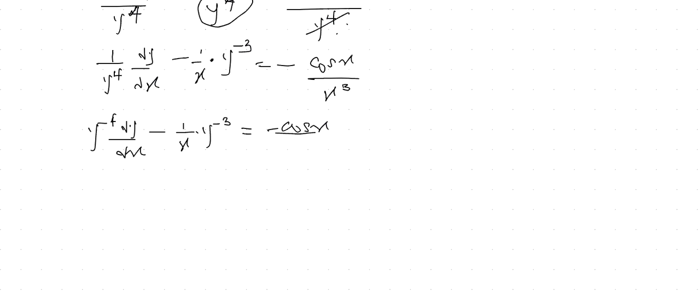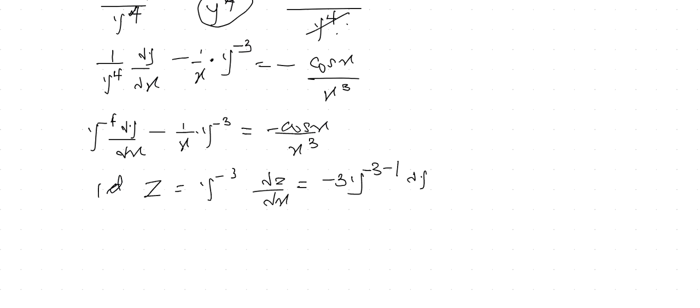At this point, you can say let z be equal to y raised to the power of minus 3, and dz dx will be equal to minus 3 y raised to the power of minus 3 minus 1, then dy dx, which is minus 3 y raised to the power of minus 4 dy dx. Okay.